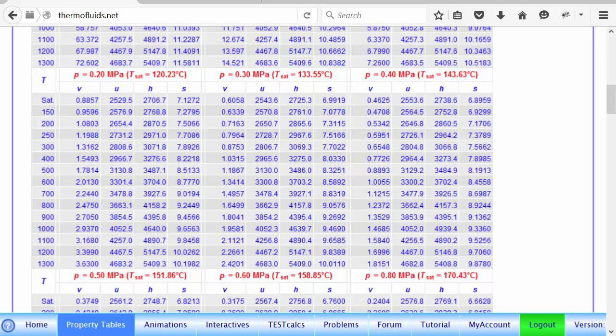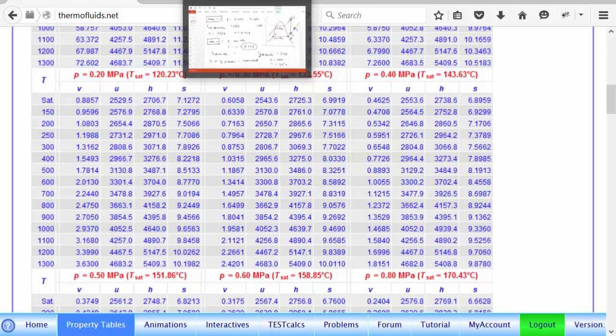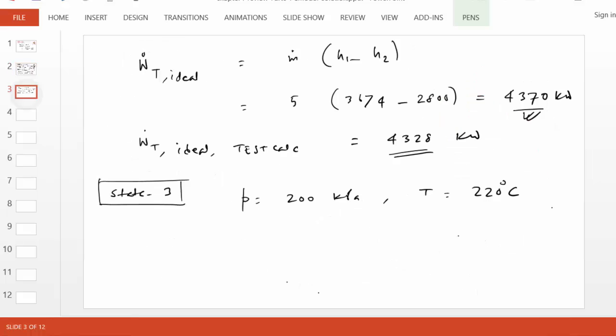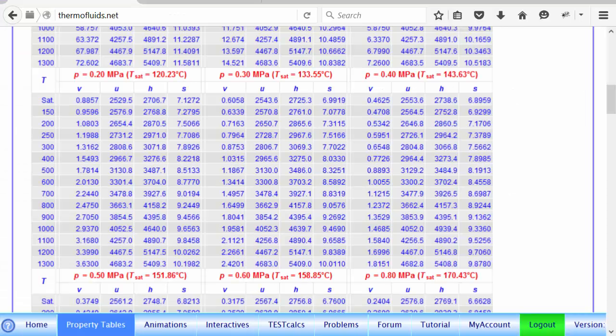And entropy would be maybe between 7.5 and 7.7, let's say 7.6. We're just eyeballing it. So we conclude that enthalpy is 2900 and entropy is 7.6, for the 220 degrees Celsius temperature.